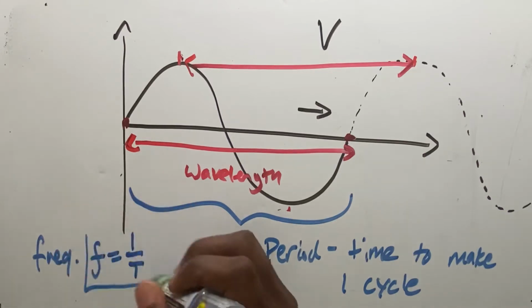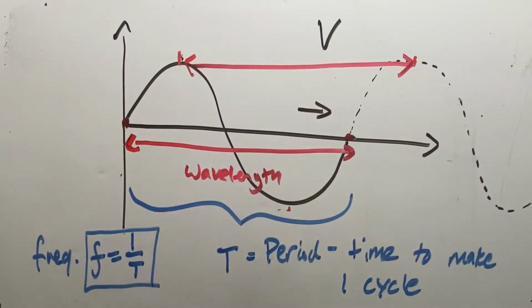So that's key. 1 over the period gives you the frequency. So if you know the period, then you can find the frequency.